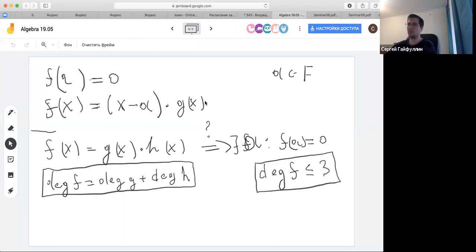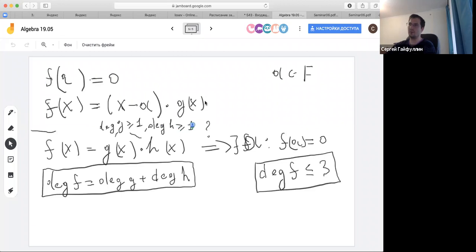Here we need to say that these polynomials are not constant, so the degree of g is not less than 1, and the degree of h also.